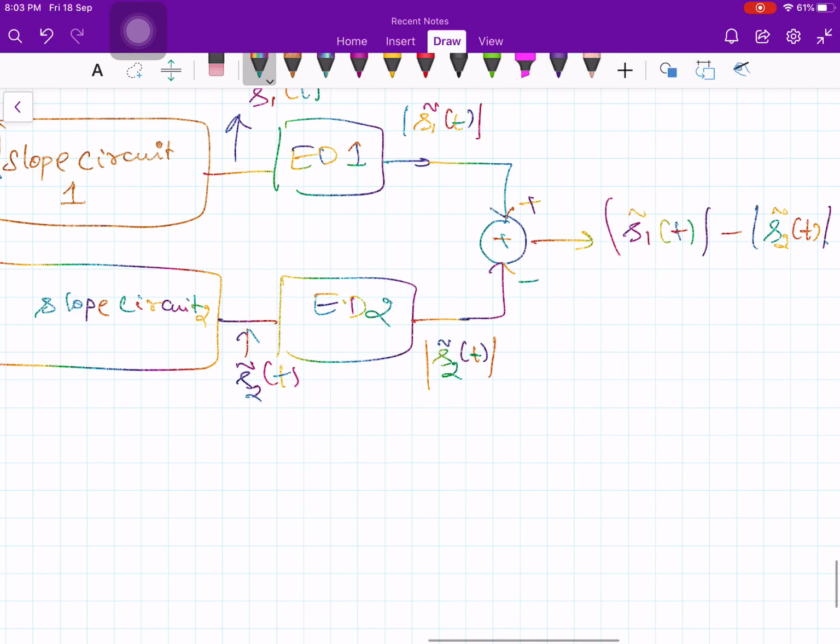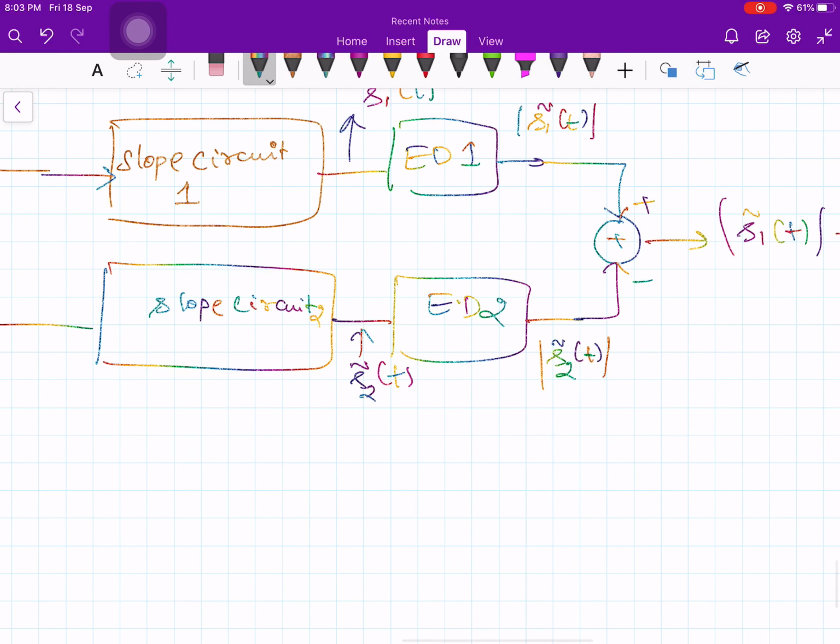So that's the mathematical theory behind the balanced discriminator. As you can see, the balanced discriminator that we discussed earlier essentially tries to realize this figure. Remember we have two tuned circuits, I mean two bandpass filters, one which was approximating one slope circuit and the other which was approximating the other slope circuit.